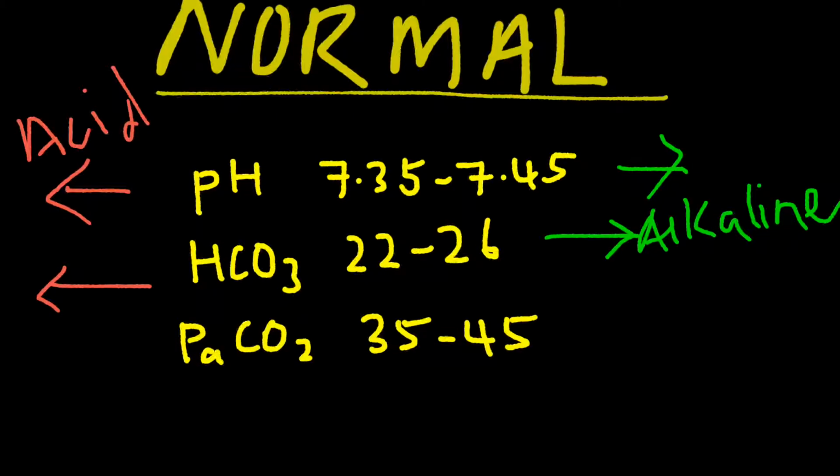Whereas the case is reversed in the case of PaCO2. Here, it is the exact opposite of pH and HCO3. Anything that is below 35 is considered alkaline, and anything that is above 45 is considered acidic.